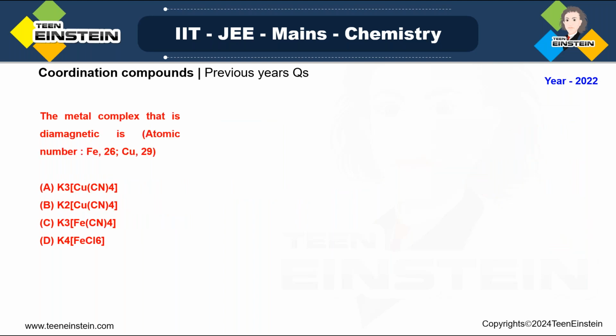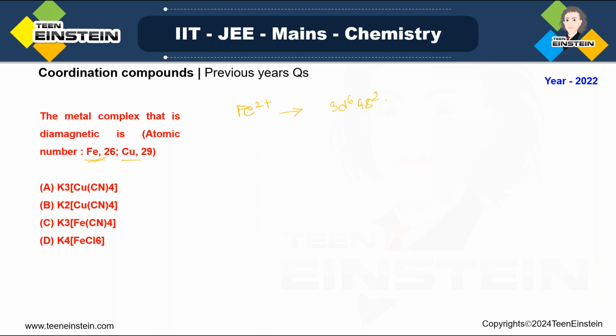Next question. The metal complex that is diamagnetic is, atomic numbers are given in the question for information. Now why is this given? Suppose you do not know the configuration when iron is neutral, or when iron is 2 plus; it is better if you can directly write it. When iron is neutral, after argon configuration, it is 3d6 4s2.